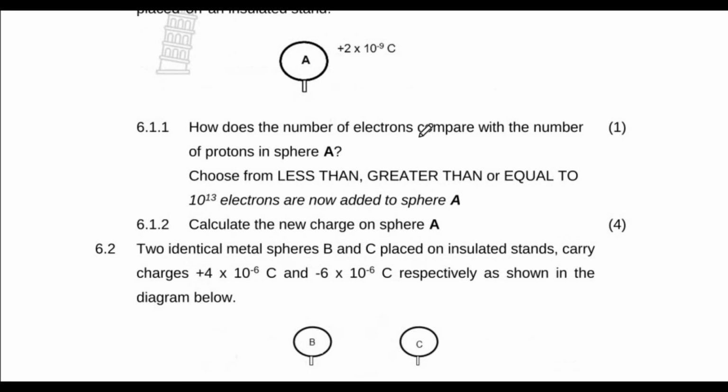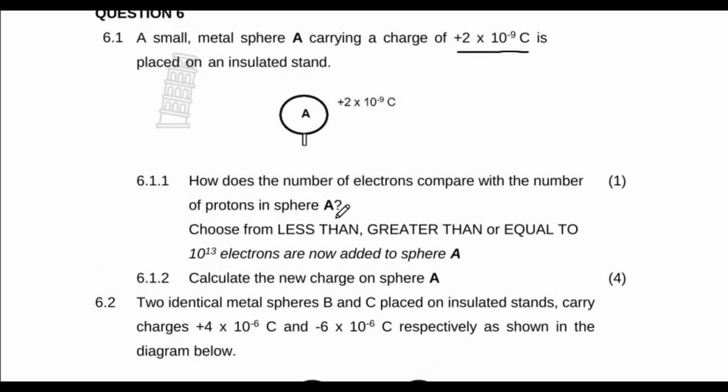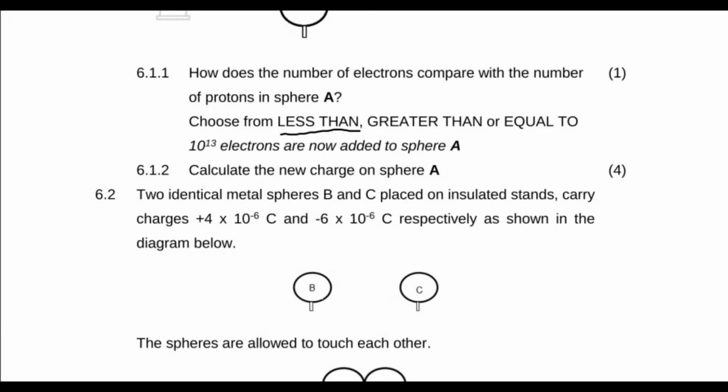How does the number of electrons compare with the number of protons in sphere A? Because it's positively charged, we know that the number of electrons is less than the number of protons. So you just write less than. It means it has a deficiency of electrons, so it has more protons than electrons.